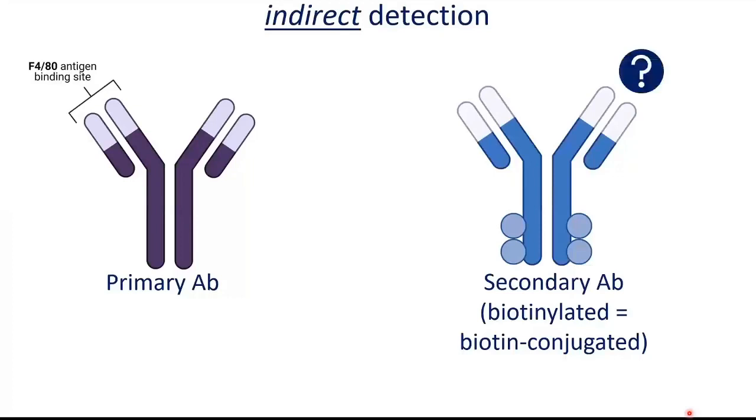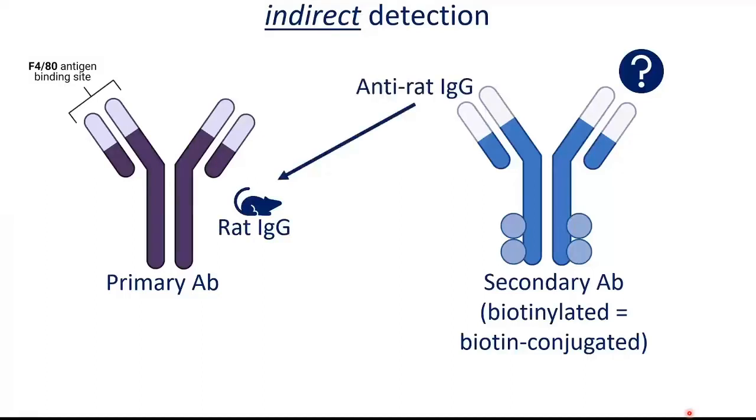But what should our antigen binding site of this secondary antibody actually be targeting? Well, remember I said the primary antibody was raised in rat, so it's a rat IgG targeted against mouse F480 antigen. That means that for the secondary antibody, its antigen binding site should be raised against rat IgG.